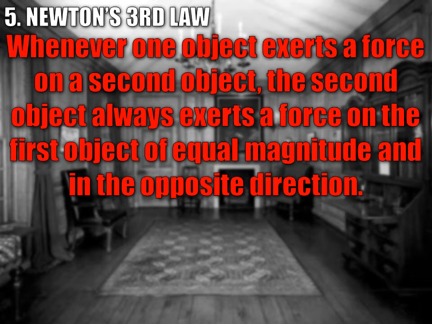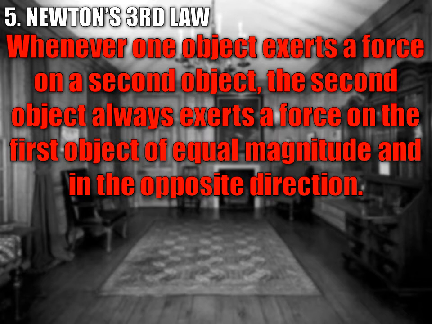We have to write it out this way because we want to make clear that there are two objects that are interacting, and one force is on the second object and the other force is on the first object. The action and the reaction do not act on the same object, they act on different objects. They act with equal strength in opposite directions.